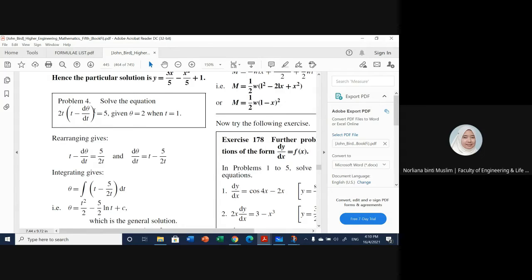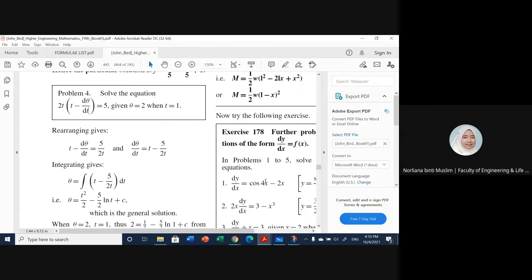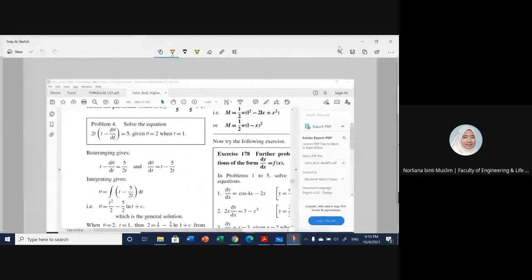We can check that this is not in the form of derivative equal to something, because there are brackets and some functions, 2t and t. So you need to open the brackets first, and then keep only the derivative function on the left hand side.